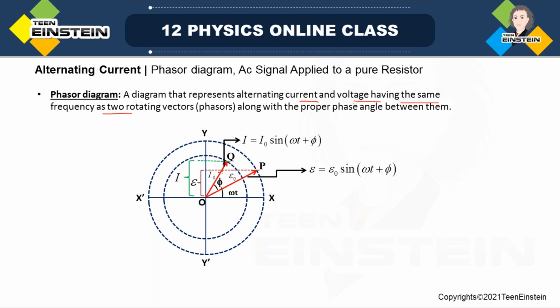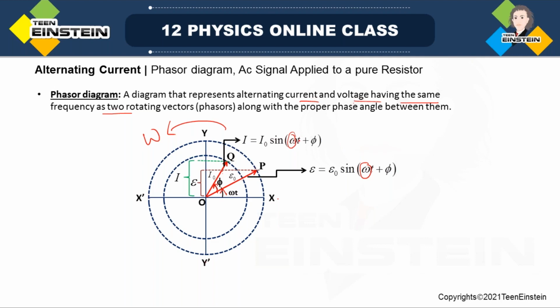These two vectors are rotating in the anti-clockwise direction, from x towards y, and y to x prime, to y prime, and so on. This is rotating with angular velocity omega, because the angular velocity of the rotating vector has to be the same as the angular frequency of these two quantities.